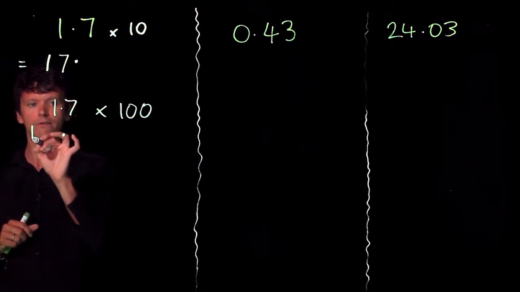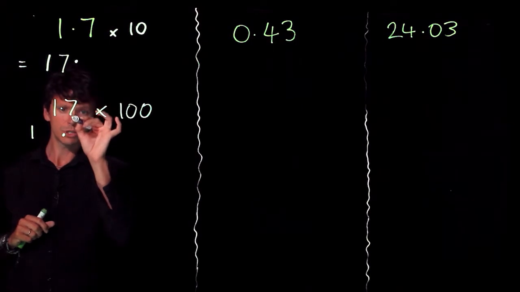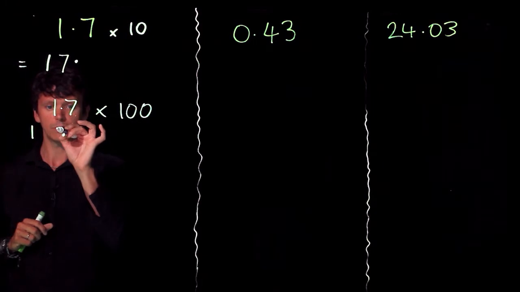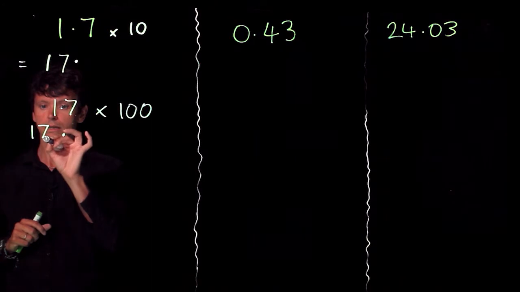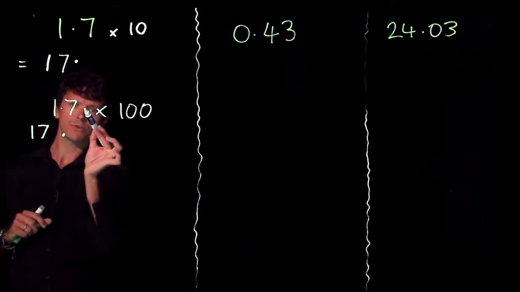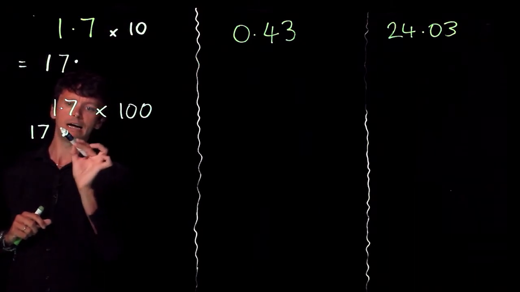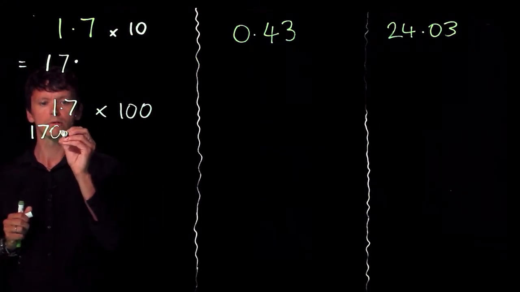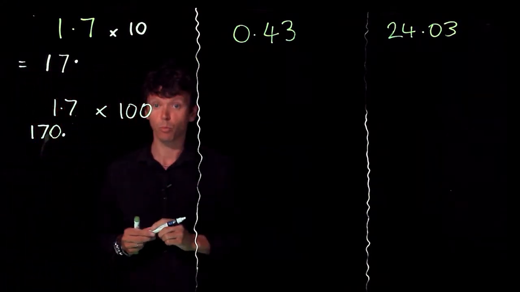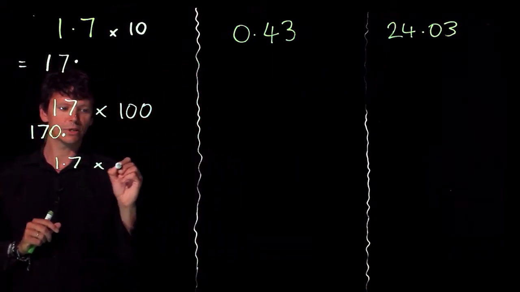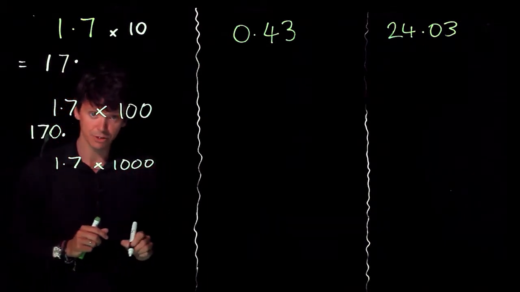Our 7, currently in the tenths column, moves 2 places to the left, bypassing the units column and ending up in the tens column. We've got nothing else to move, so we fill that in with a 0, and that's it: 170.